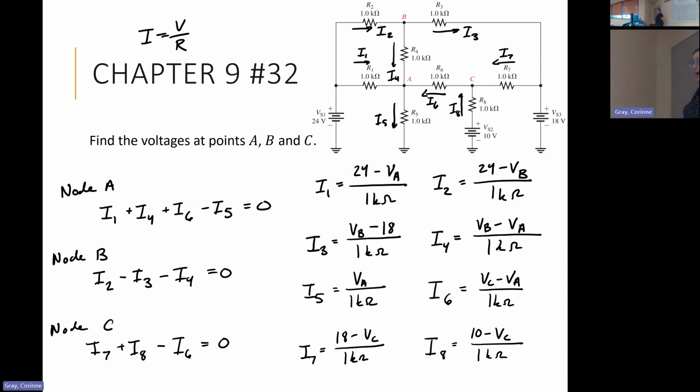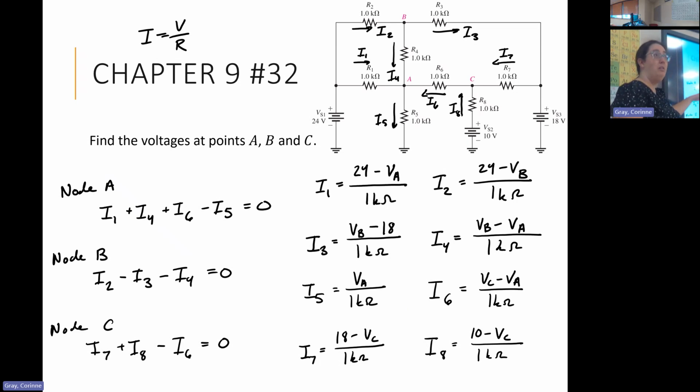All right, so now that we have all of these, we have the grand fun of getting to plug them all in to these equations here. However, again, because all of these are the same exact resistance values, let's say hypothetically we were looking at node B. I'd have 24 minus VB divided by 1,000, minus I3, which is divided by 1,000, minus I4, which is also divided by 1,000. All of them are divided by 1,000. Multiply through by 1,000.